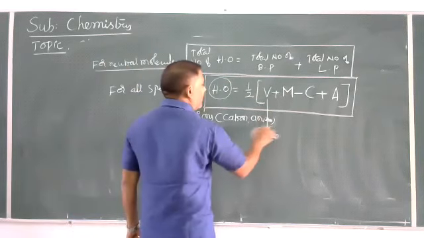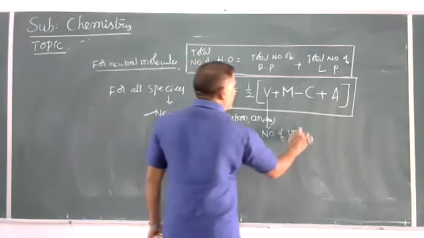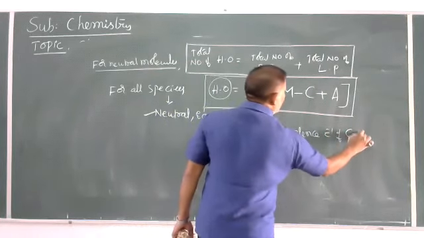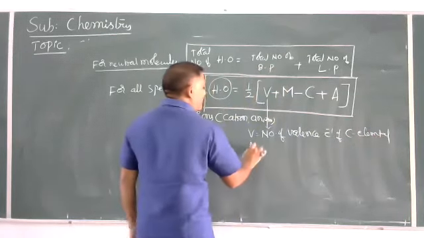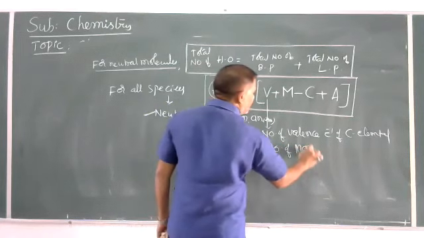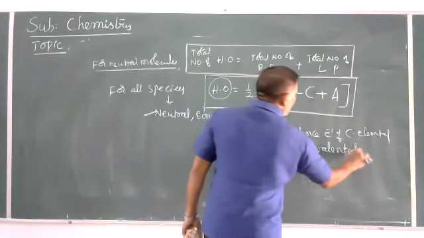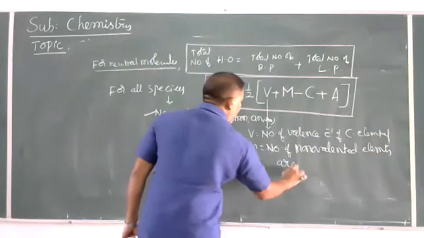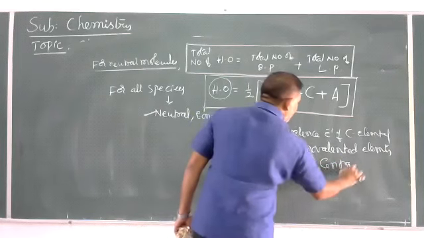Here V is the number of valence electrons of the central element, and M is the number of monovalent elements around the central element.